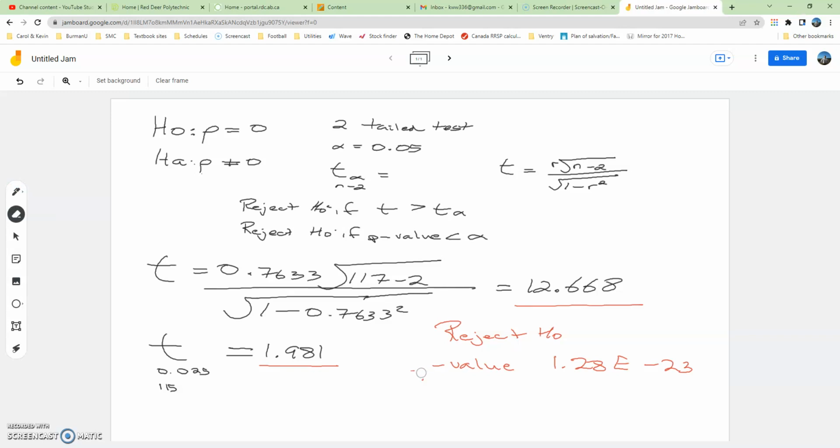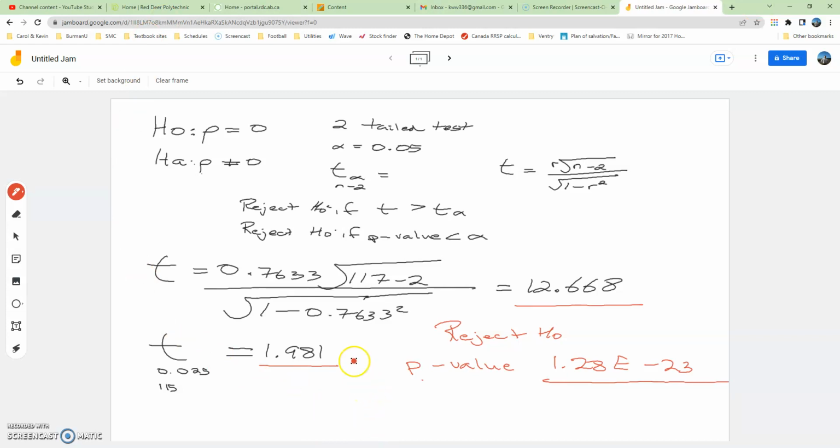Let's just make that a better looking value. This is our p-value. I would recommend reporting it just as it's written there, 1.28E negative 23. So that's the process for a two-tail test.